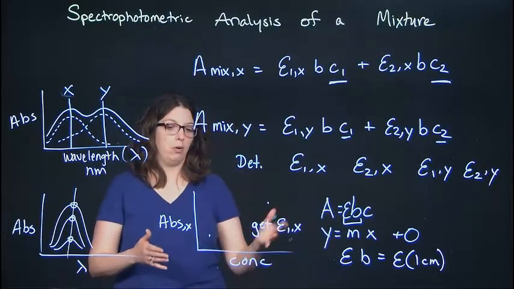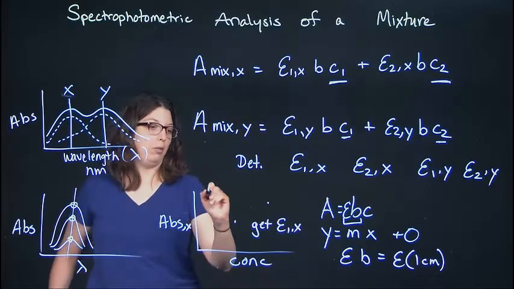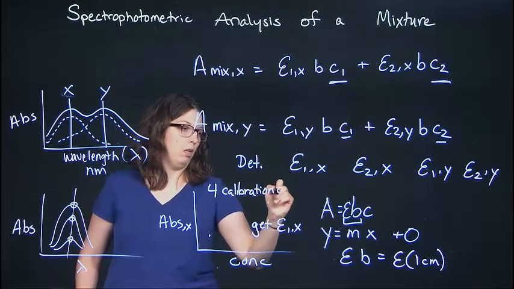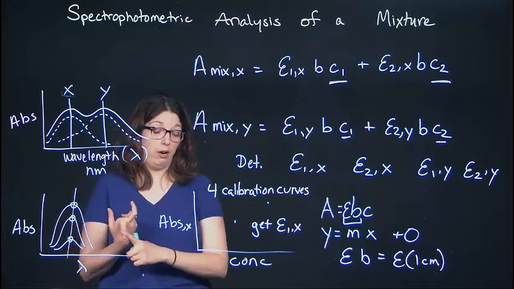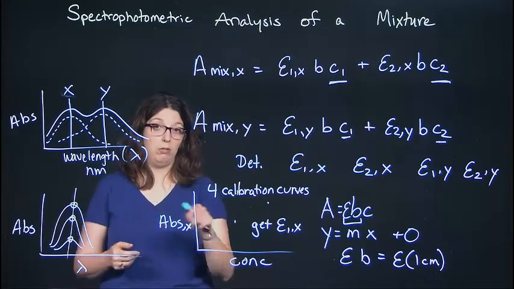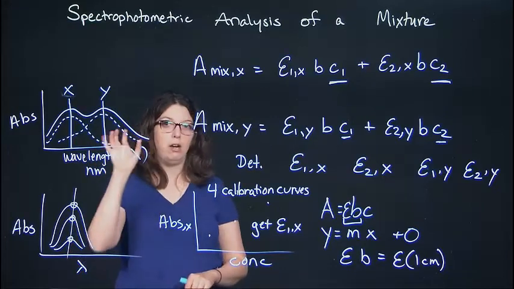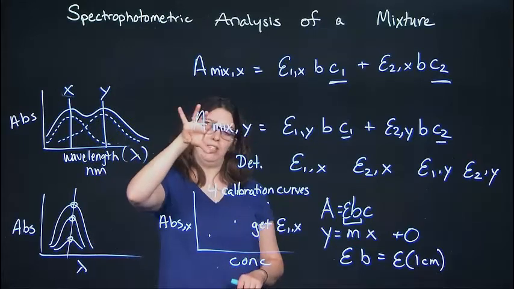So what you'll need to do is come up with 4 calibration curves for your individual components, Allura red and tartrazine, at 2 different wavelengths. So you have 4 calibration curves: Allura red at wavelength 1, Allura red at wavelength 2, tartrazine at wavelength 1, tartrazine at wavelength 2.